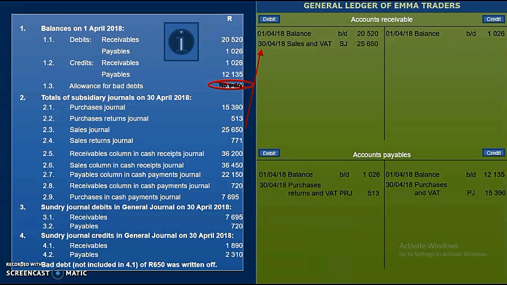It would be included in the 25,650 Rand. Sales returns represent all returns made by the debtor. It therefore decreases what the debtor owes, so it should go onto the credit side of accounts receivable.